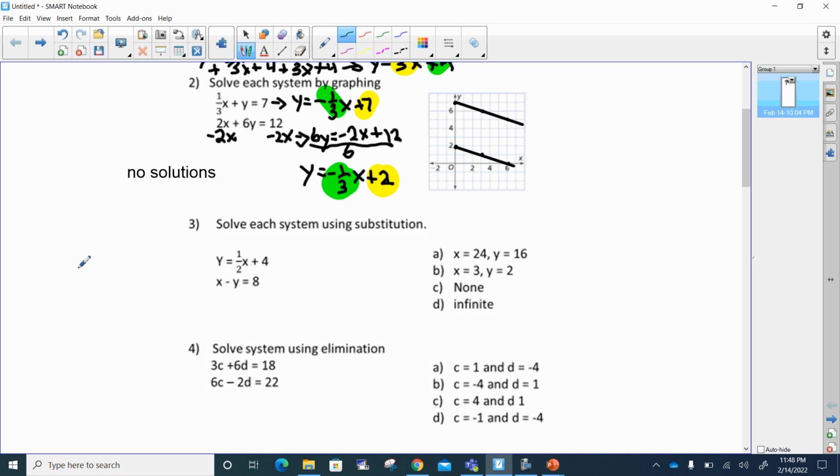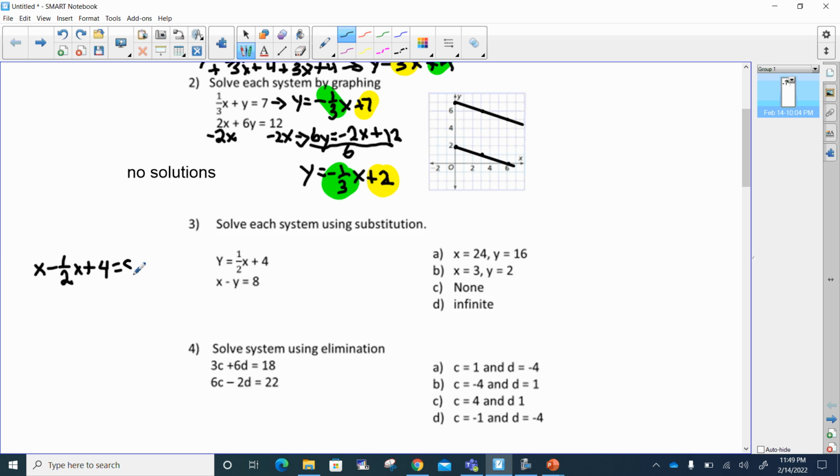I can take this here and then take x minus y, which is 1/2 x plus 4, and that has to equal 8.